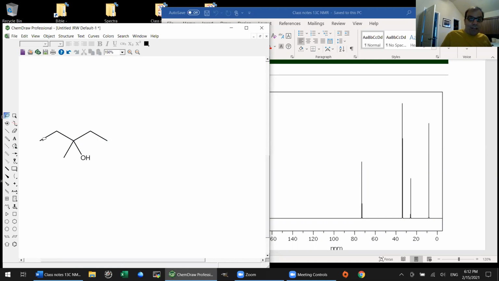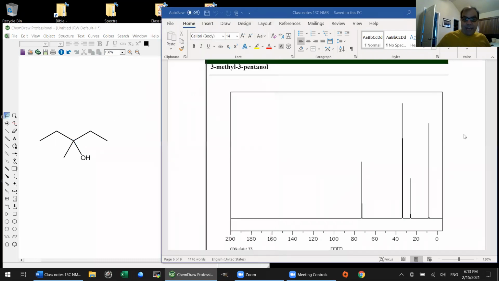So there's one type of carbon over here, that's these two methyls. These two CH2s are another. There's this methyl group, which is a third type of carbon. And then there's this quaternary carbon that's directly attached to the OH. That's its own animal also. So I count 4 types of carbon in this molecule. And again, that's exactly what we see on the spectrum, 4 peaks.